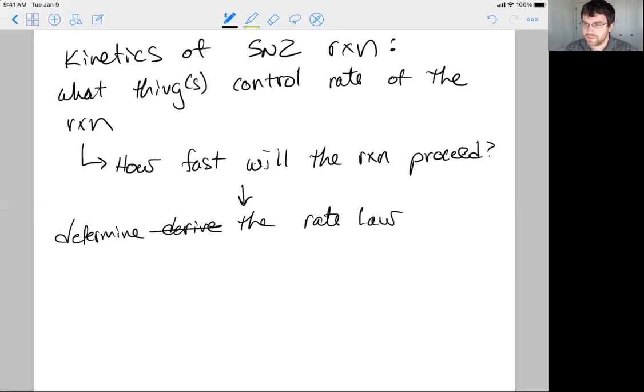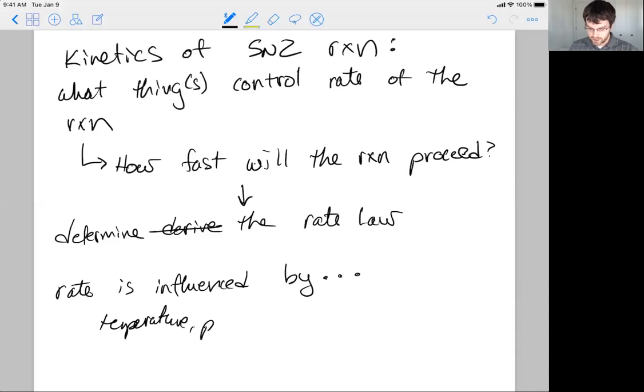What turns out is that the rate is determined by several characteristics of the reaction. The rate is influenced by several attributes in the reaction: temperature, pressure, moisture, things like that.